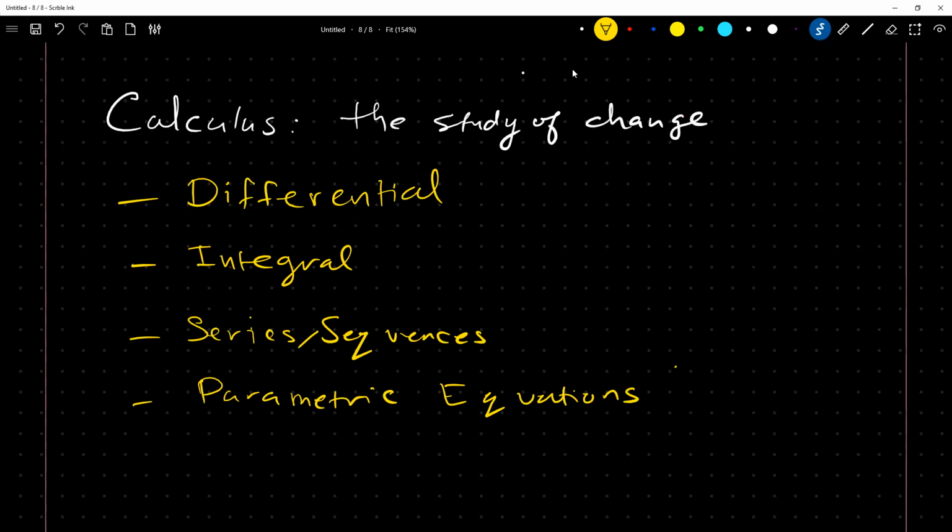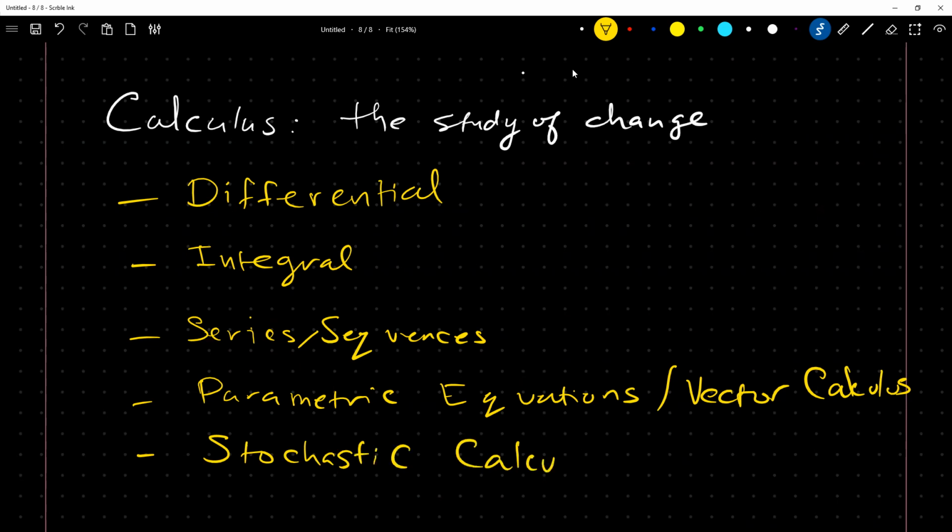So that will be similar ideas and theorems, but different ways of calculating them because of the nature of the equations. And then there's also such a thing as stochastic calculus, which is useful in financial applications.